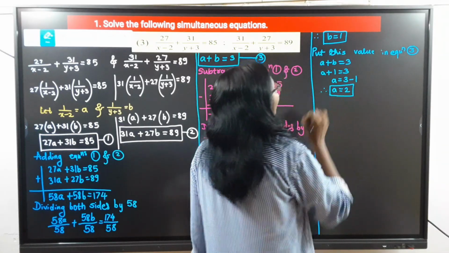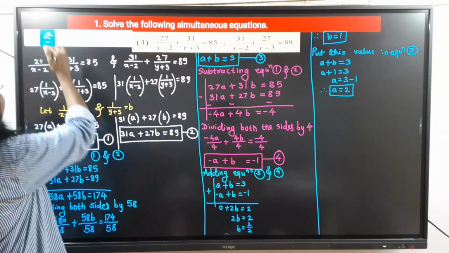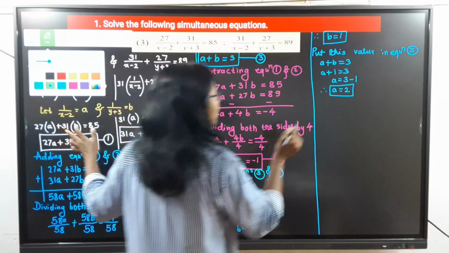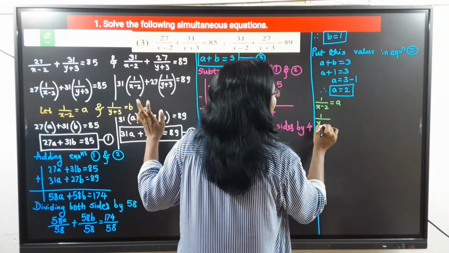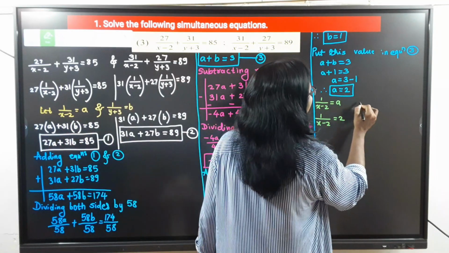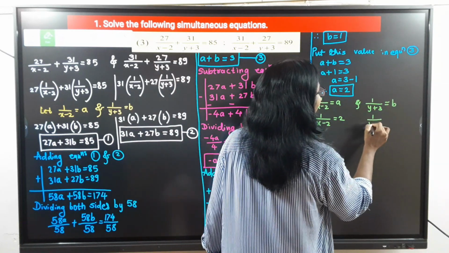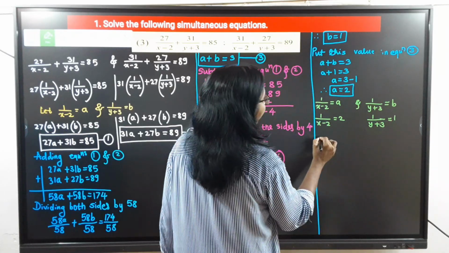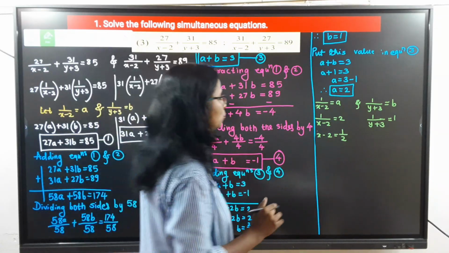Now here students, we have the values of a and b, that is the assumed values. So now we have to find out the values of x and y. Our assumption is that 1 upon x minus 2 is equal to a, that means 1 upon x minus 2 is equal to 2, and 1 upon y plus 3 is equal to b, therefore 1 upon y plus 3 is equal to 1. Therefore x minus 2 is equal to 1 upon 2.